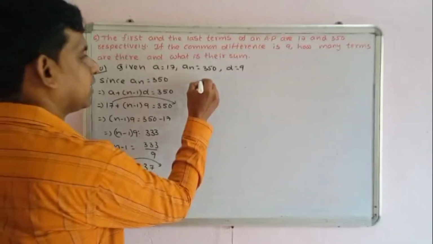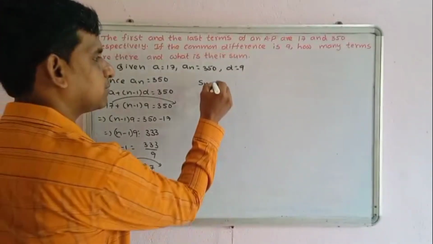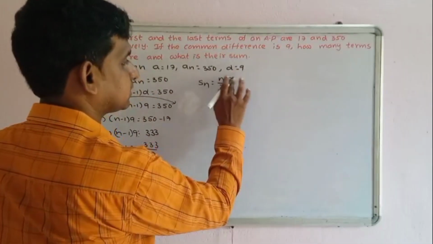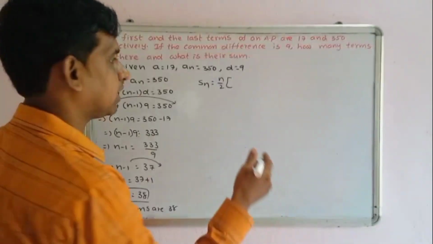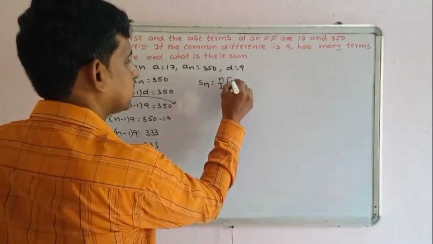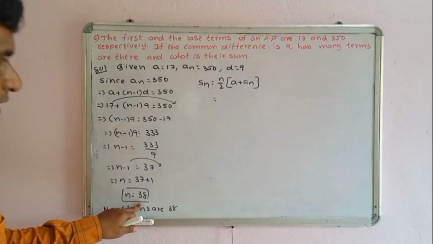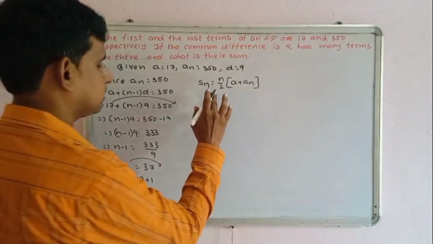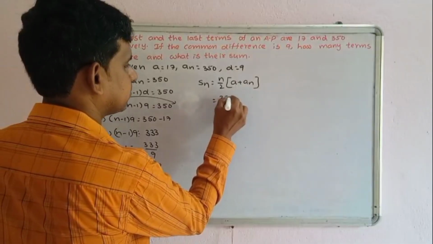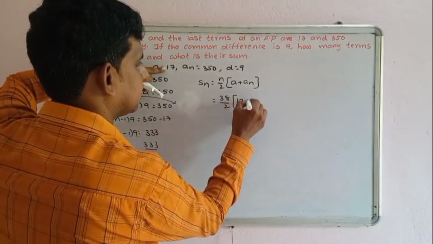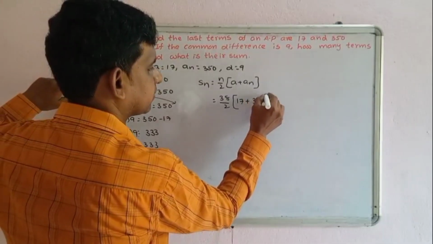See the second one. What is their sum? That means we will find Sn. Okay, Sn means what? n by 2 into (2a plus (n minus 1) into d), and one more formula is n by 2 into (a plus an), simple. Here n, how many terms are there? 38 terms. So 38 by 2, a value 17, an value 350.